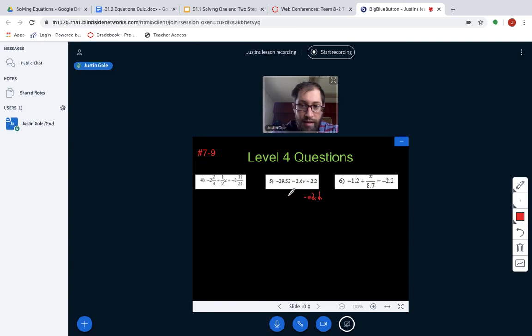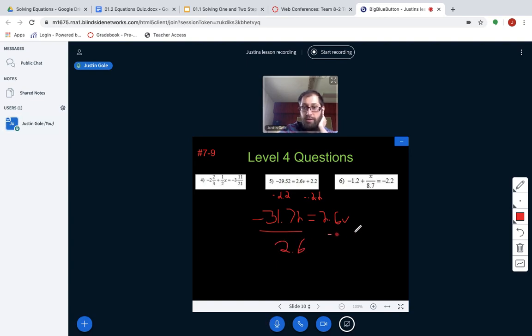Minus 2.2. Negative 29.52 minus 2.2 is negative 31.72 equals 2.6 V. Now I have one operation I have to do. I have to divide by 2.6.